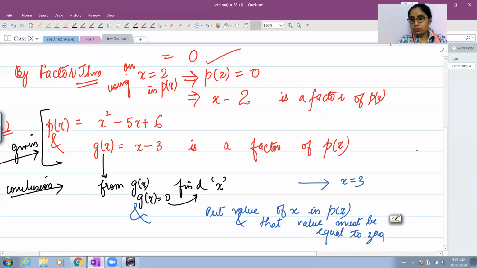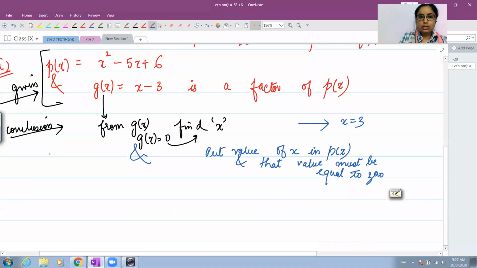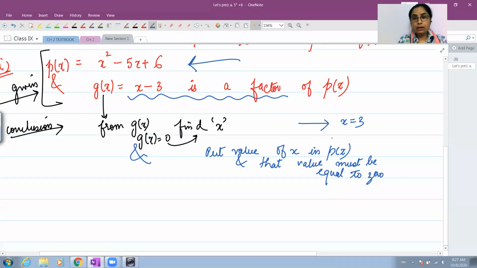So I am going to just show you that because this is later on to be used in the questions here. So if I had to conclude, this is what's given to me. Once again, I've been given a polynomial px, x square minus 5x plus 6. Along with that, I was given that x minus 3 is a factor of px.